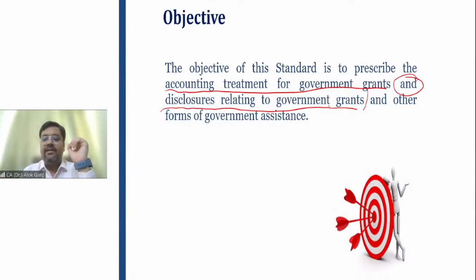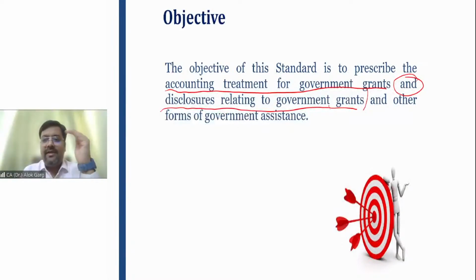Then the third one is, once you have measured, how is it going to be presented in the balance sheet? For example, on the asset side, under non-current assets, you will present that item as PPE. The depreciation has to be charged to the statement of profit and loss, right?